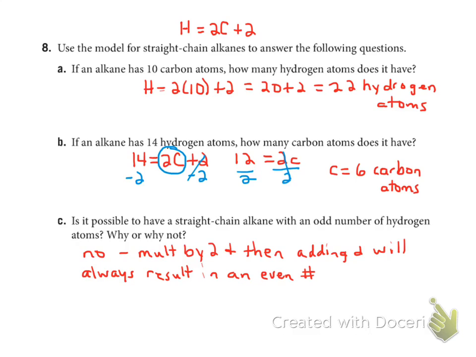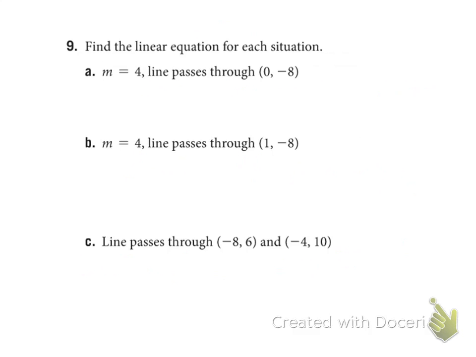So number 9. Find the linear equation for each situation. So part A, we have the slope is 4. That's good. It passes through the point (0, -8), which is wonderful because that's the y-intercept. So this is telling you the m, the slope, and this negative 8 is telling you what b is.